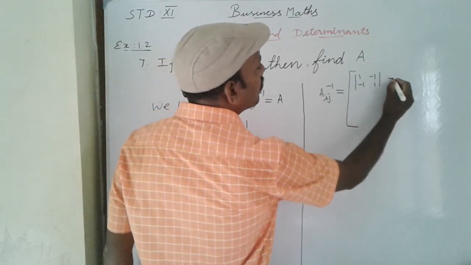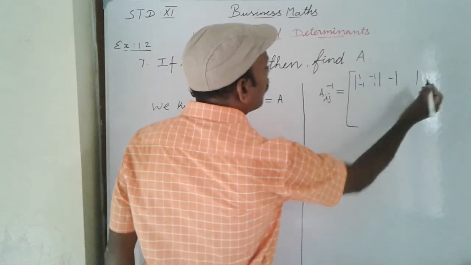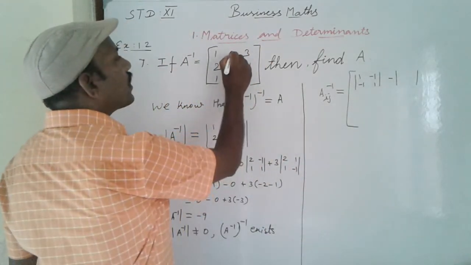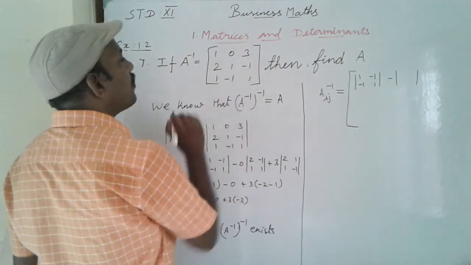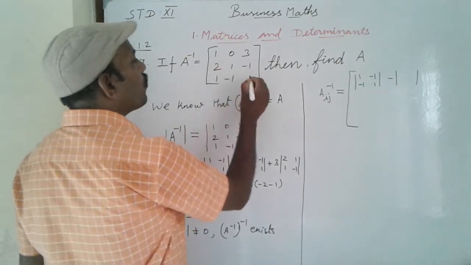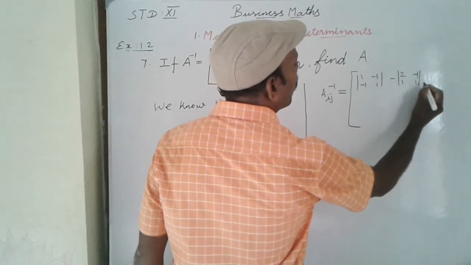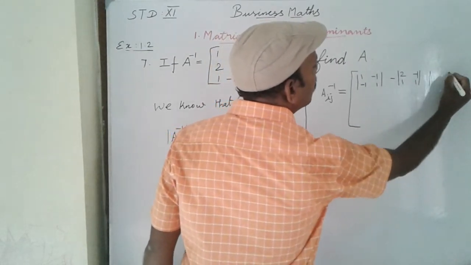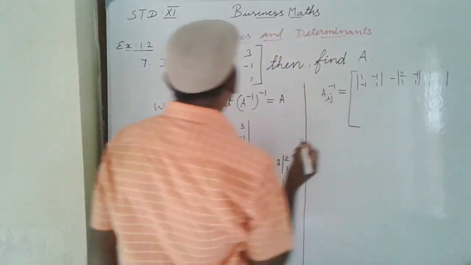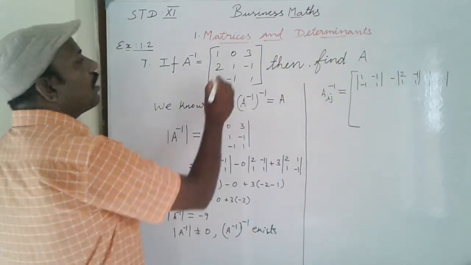Next the symbol is minus. Cofactor of 0, the row and column eliminated: 2 minus 1, 1 1. Next the symbol is plus.